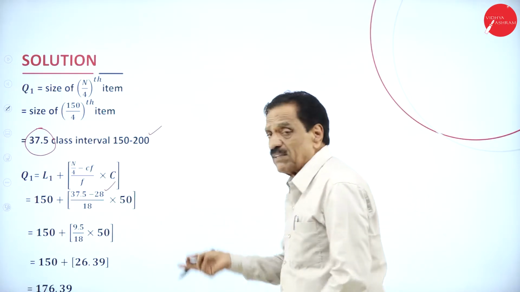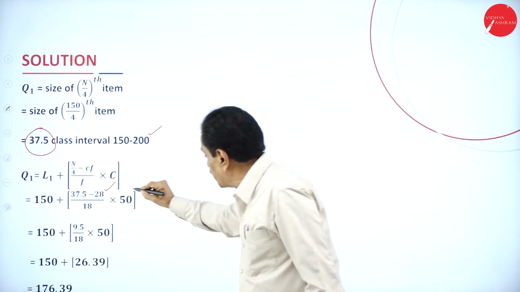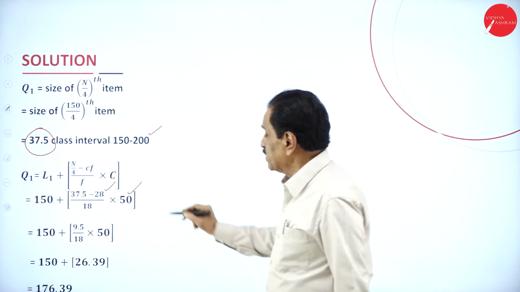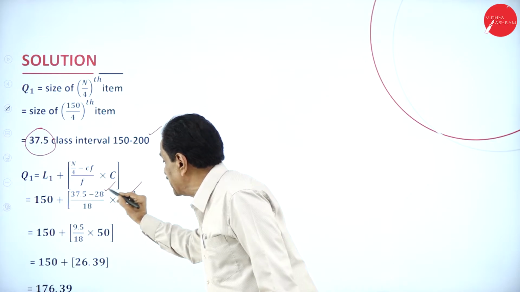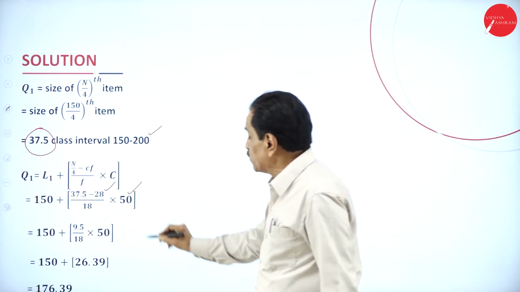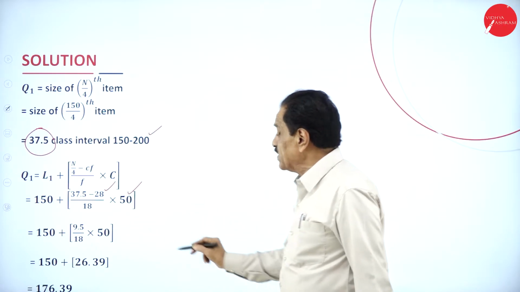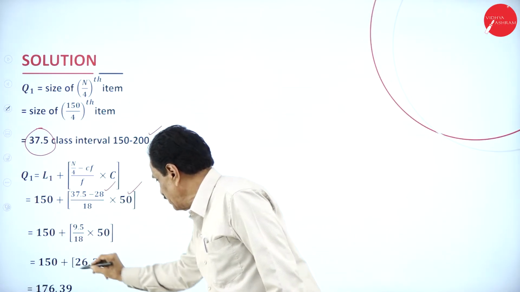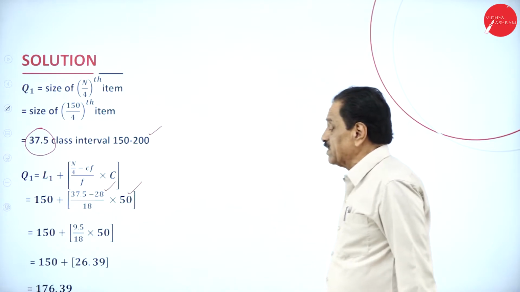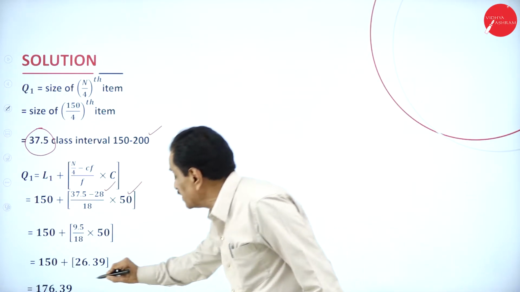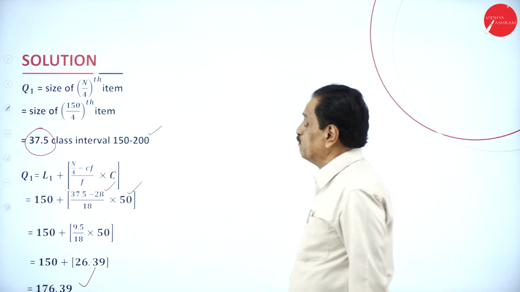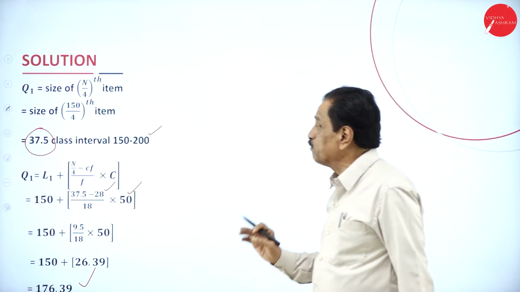Your class interval is 50. From 37.5 deduct 28, it comes to 9.5 divided by 18 into 50. If we simplify this, it will come to 26.39. It becomes 176.39, which is the Q1. How to apply?